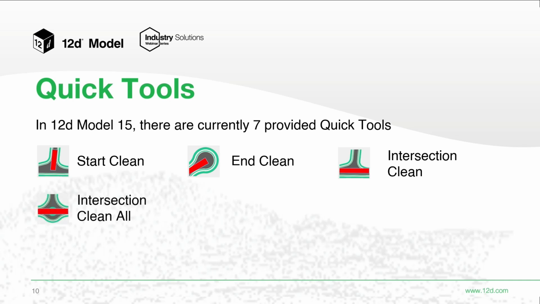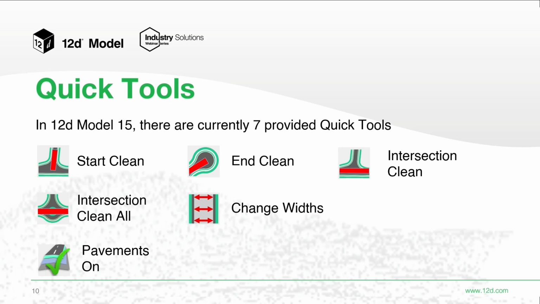And there's intersection clean all, which you'll typically use within your roundabouts, which will clean off all of the links on the side of the design within a prescribed area or zone. Change width is a new one, and we have pavements on and pavements off.